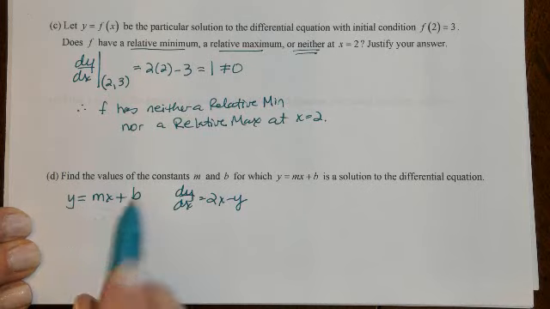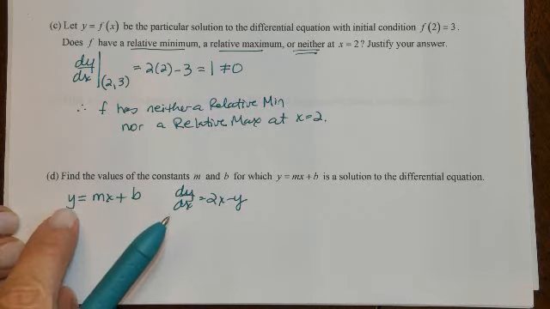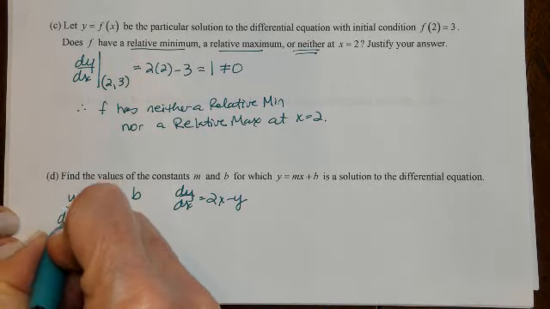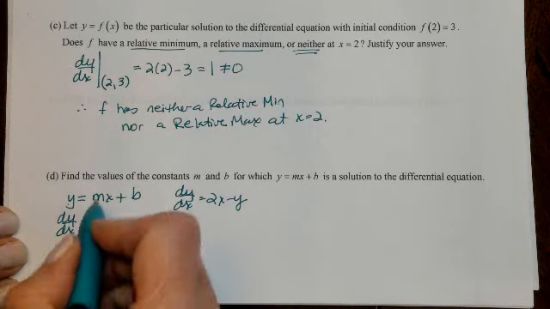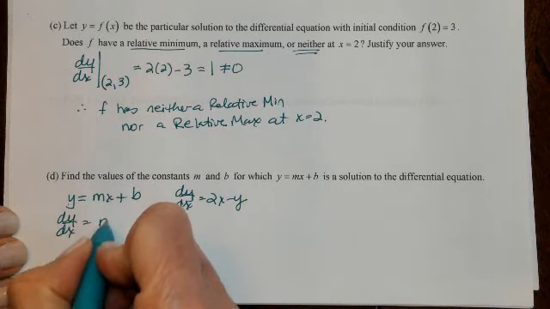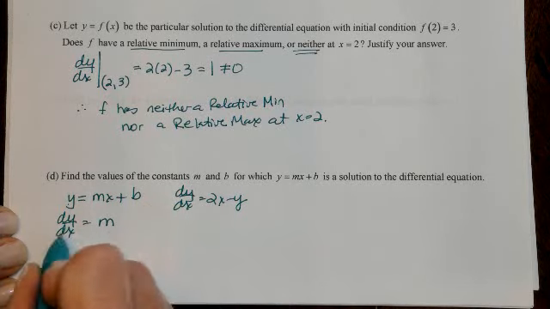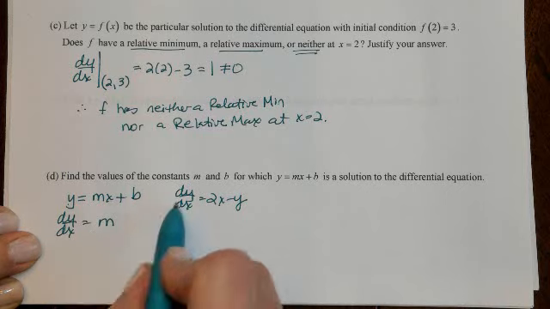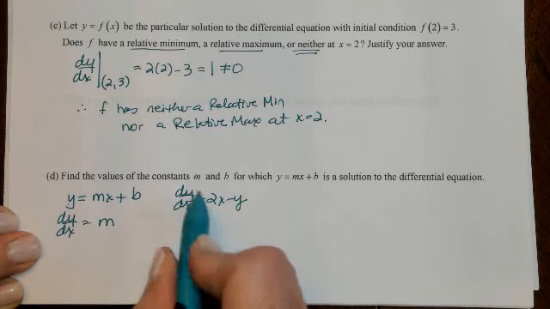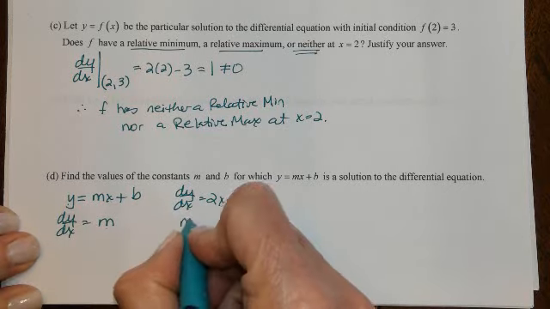So it seems to me like I should go ahead and find dy dx here. So dy dx, I'm taking the derivative of both sides with respect to x. So the derivative over here is just m. So I'm going to put m in for dy dx over here.